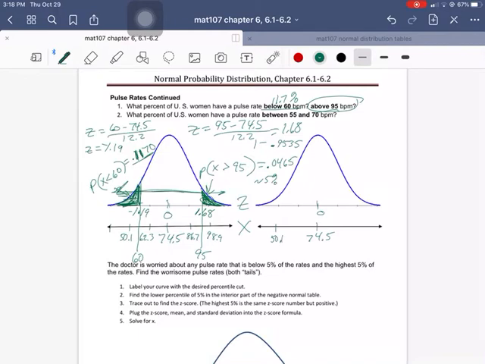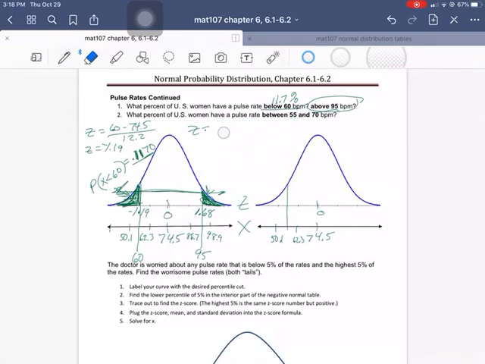this was 50.1, this was 62.3, so 55 is about here. I'm going to go ahead and get rid of some of this. This was 55, and 70 is in here.